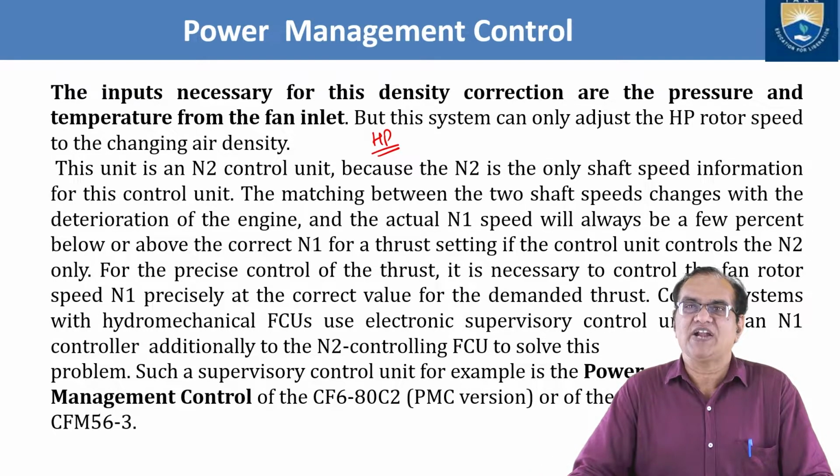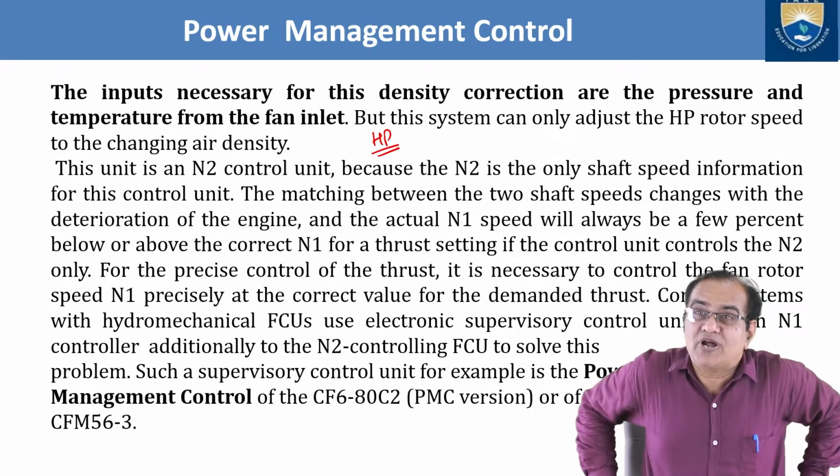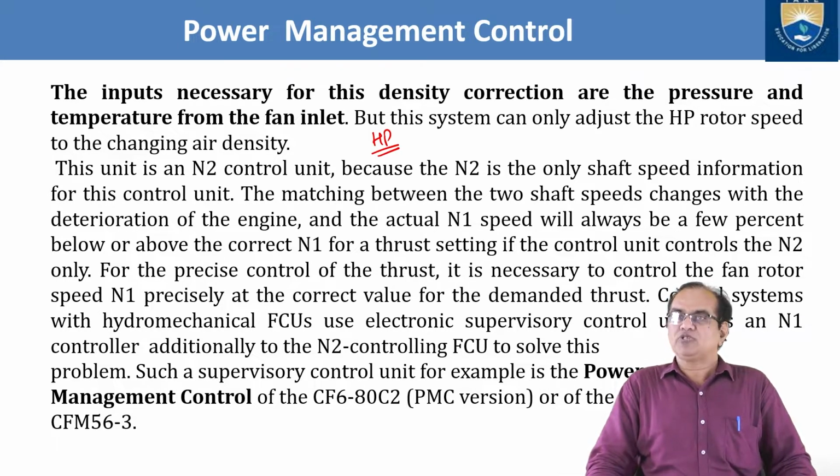A control system with a hydromechanical flight control unit uses an electronic supervisory control unit as an N2 controller additional to the N2 controlling flight control unit to solve this problem. So we should have one N2 control unit and an N1 control unit also. Both should be there, then only can the accuracy of the system be obtained.